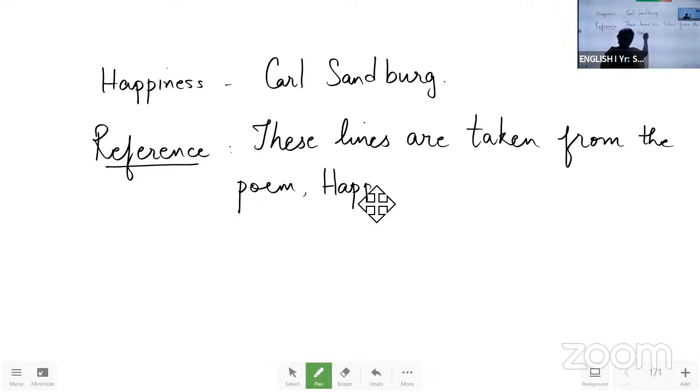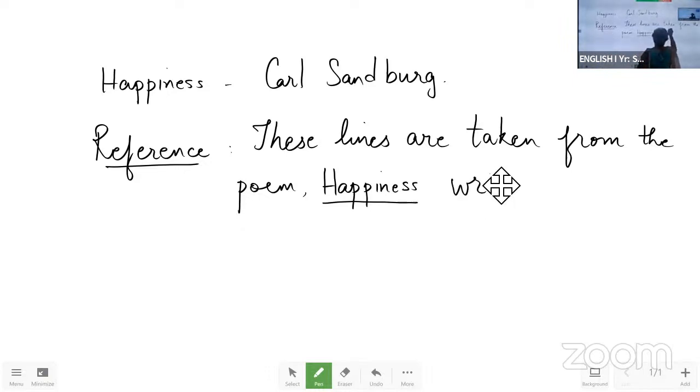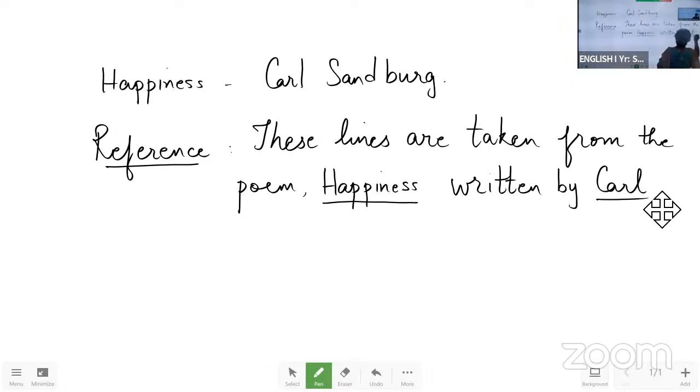This place, again, punctuation is very, very important in English. Happiness, name of the poem, capital letter. Underline the word Happiness, written by Carl, capital letter, Sandburg. Again, capital letter.